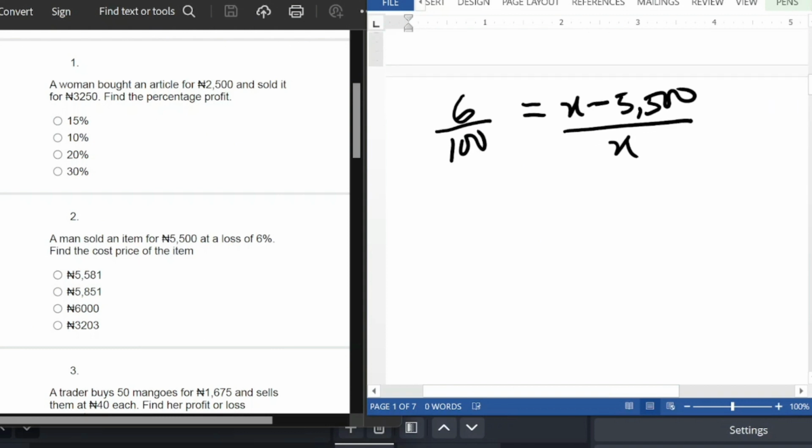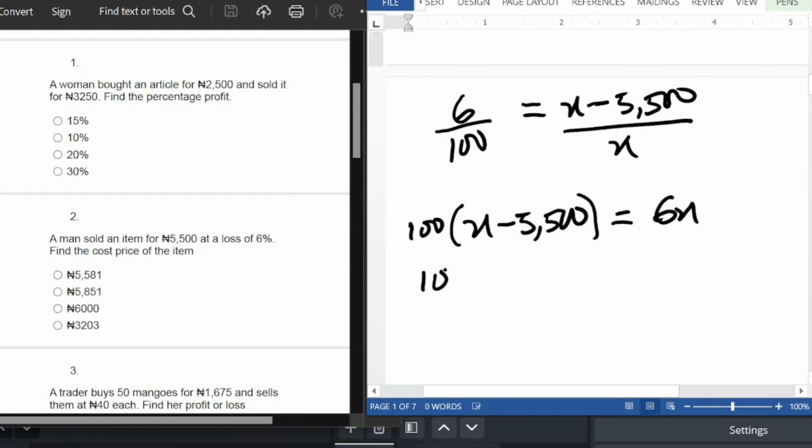We just cross multiply here. So that's going to be 100 into brackets X minus 5,500 equals 6 times X, so that will be 6x. We open the bracket. This will give us 100x minus 550,000 equals 6x.